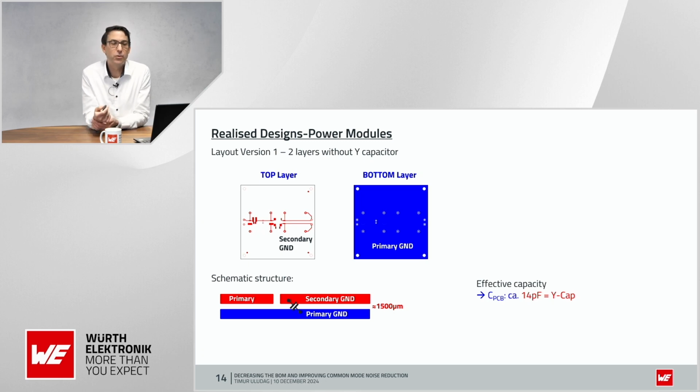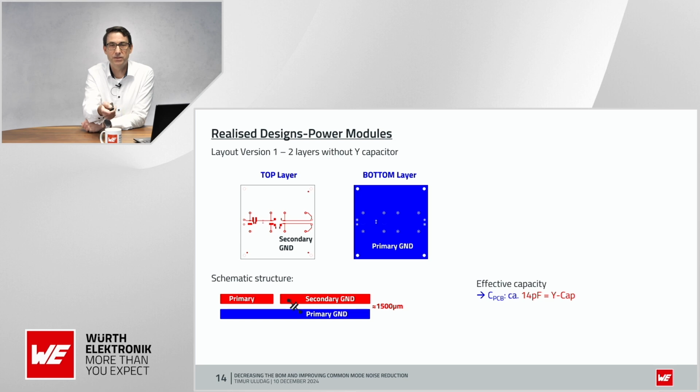So layout version 1. Layout version 1 is a simple layout. We have got here on the top layer the secondary ground, and on the bottom layer we have fully the primary ground. So that means between secondary ground and primary ground, as you can see in the schematic structure, there we will have a capacitor.